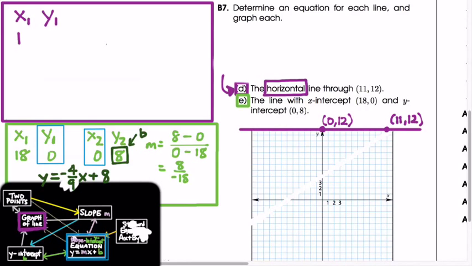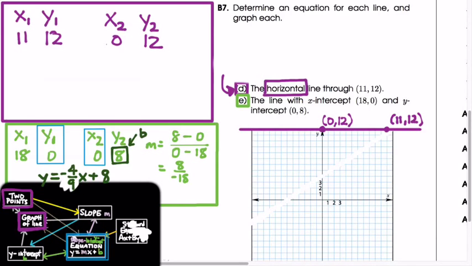So let's do that. Our first point was (11, 12). Our second point, we're deciding, is (0, 12). So now that we have the coordinates of both points, where do we go from there? We're trying to get from these 2 points to a slope-intercept equation.